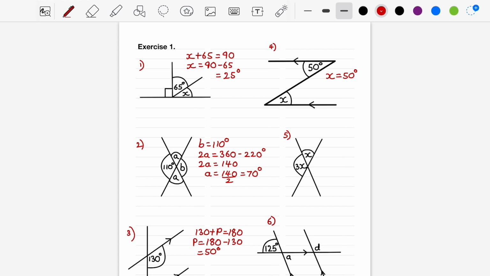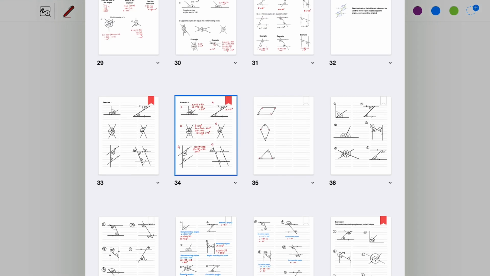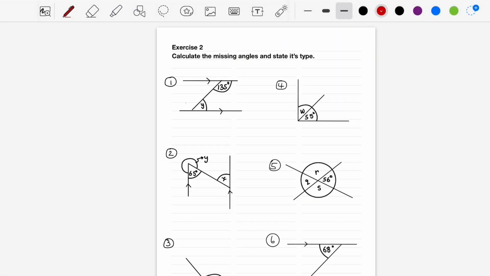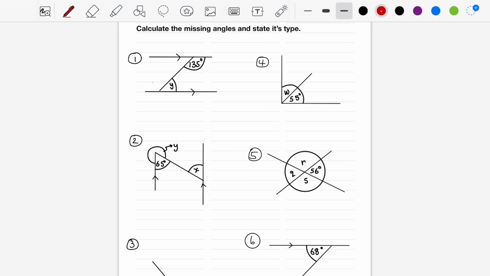Let's do a few more questions before we do this one. So let's take a look at these 6 questions. Here we will utilize the rule of corresponding angles, angles meeting at a point, alternate angles, supplementary angles, complementary angles, angles meeting at a point, opposite angles, and again, alternate angles. So when you are ready, you can try these, pause the video, and then unpause the video for the corrections.